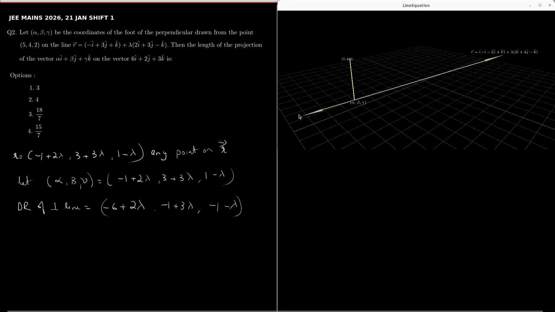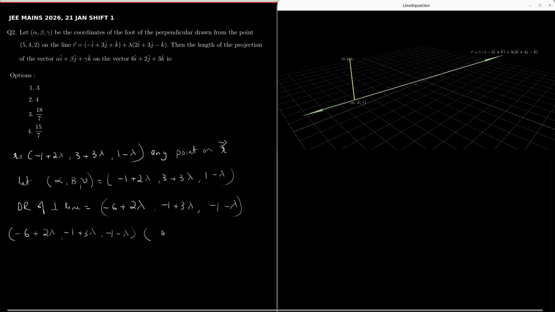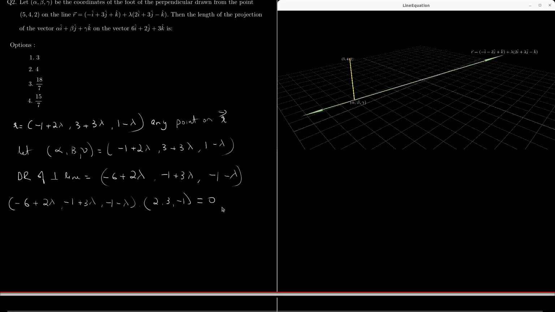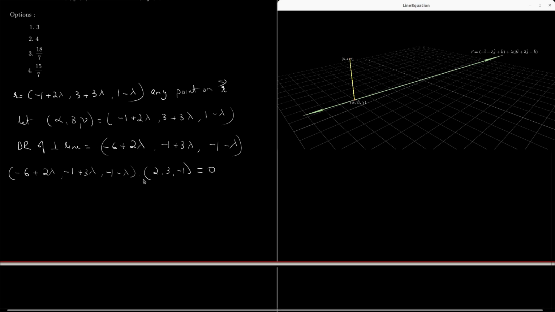This is the direction ratio of the perpendicular line. So its dot product with 2, 3, minus 1 is 0. So let us do the dot product: minus 6 plus 2 lambda, minus 1 plus 3 lambda, minus 1 minus lambda, dotted with 2, 3, minus 1 is equal to 0. So let us solve for lambda now.